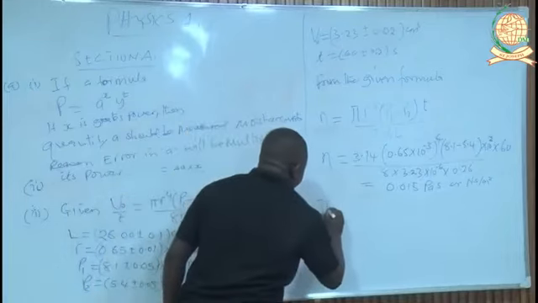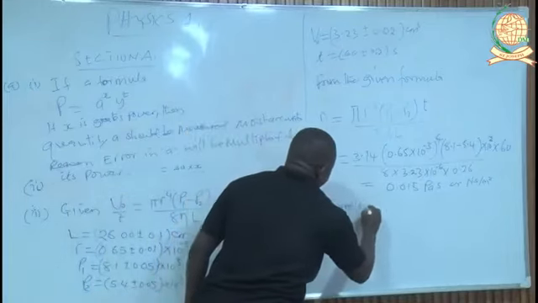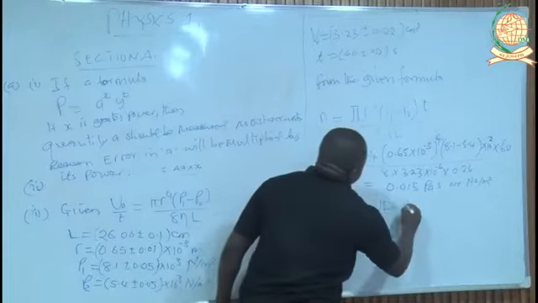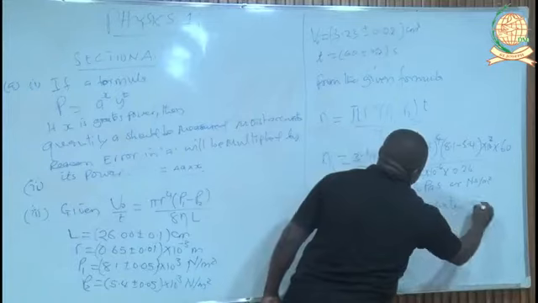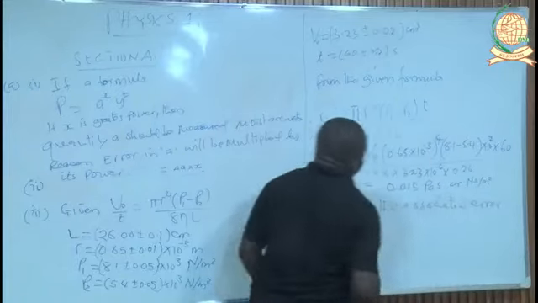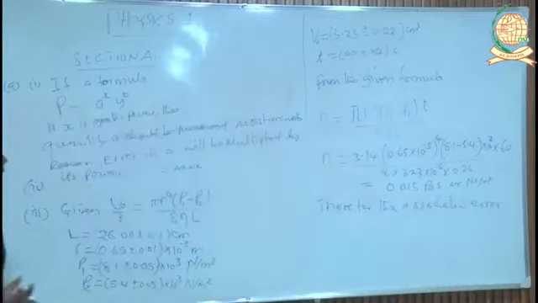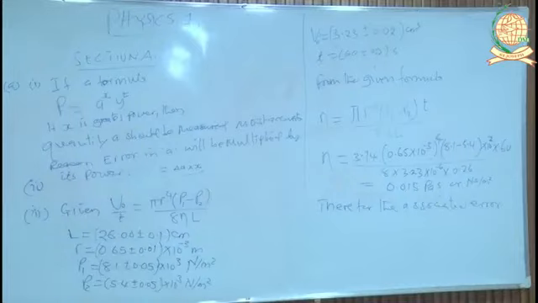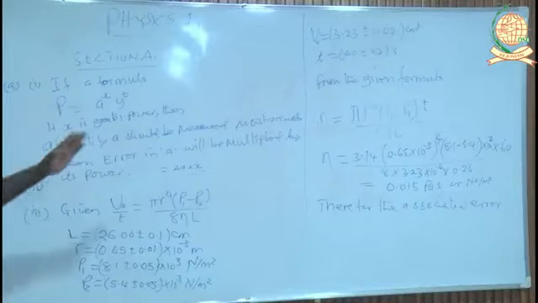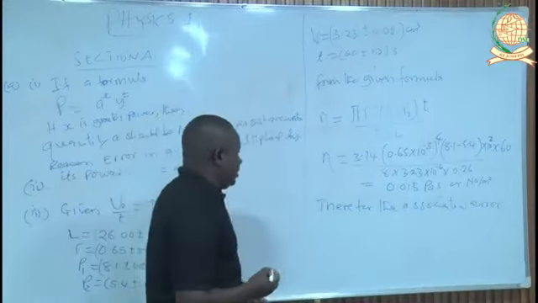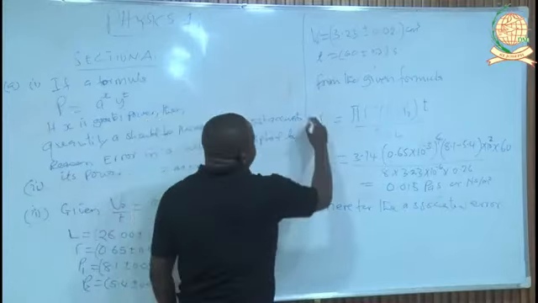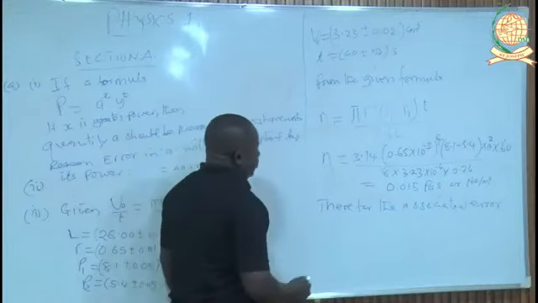Therefore, the associated error can be calculated by applying natural logarithm to the given formula and then simplifying to get fractional errors. So we apply natural log to the given equation.